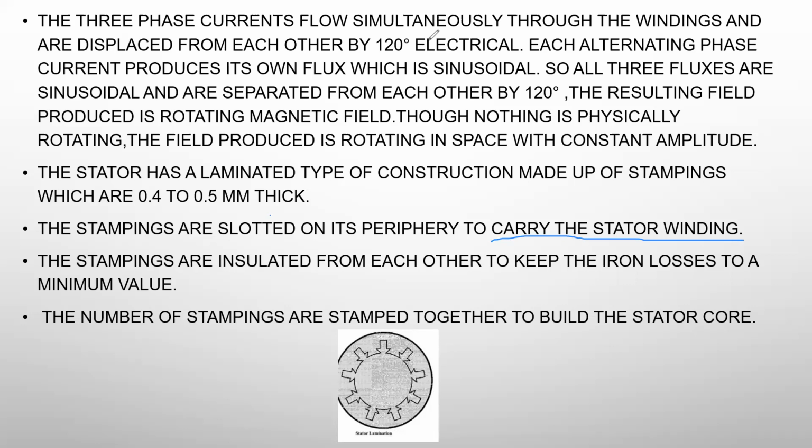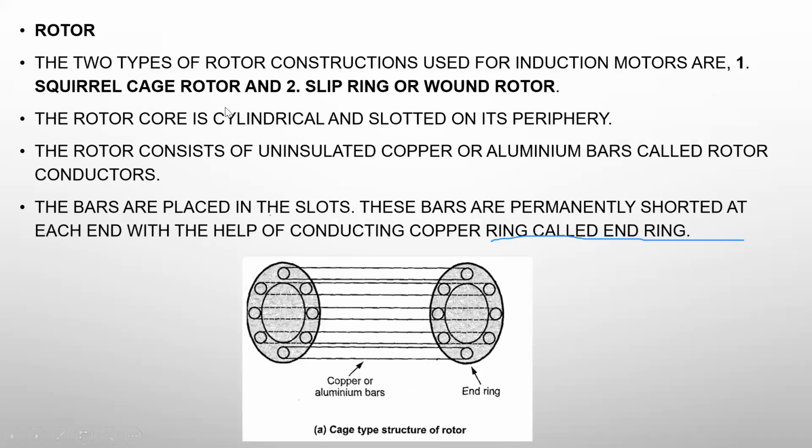Now we will go to rotor construction. The rotor is of two types. One is called a squirrel cage rotor and another one is called a slip ring wound type of rotor. Squirrel cage means it is looking like a cage.